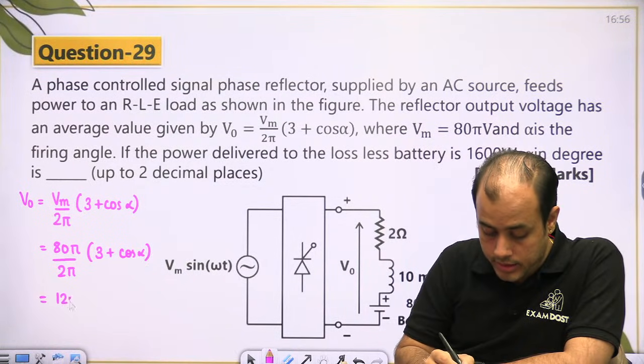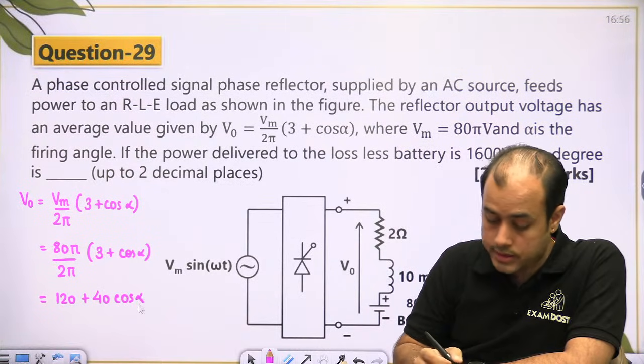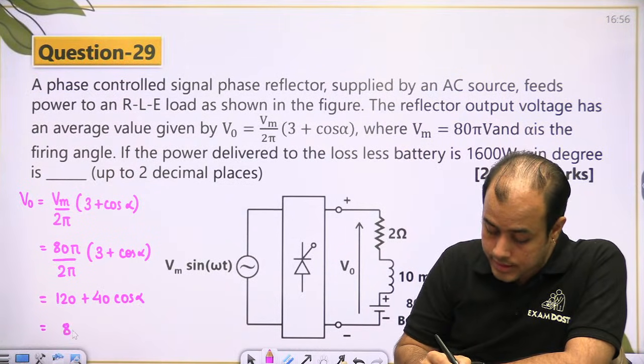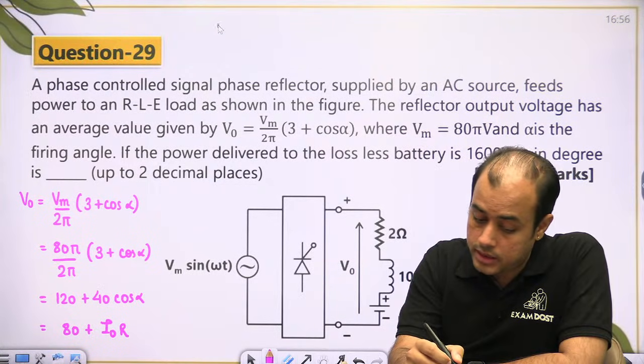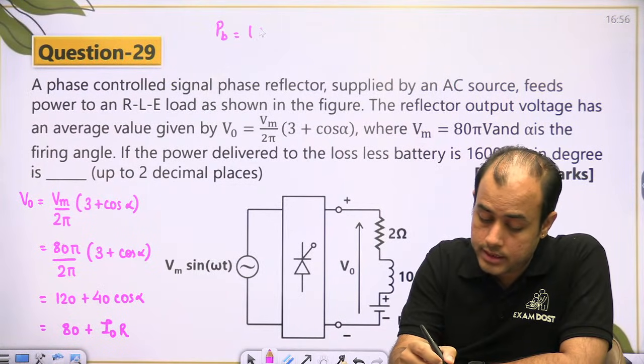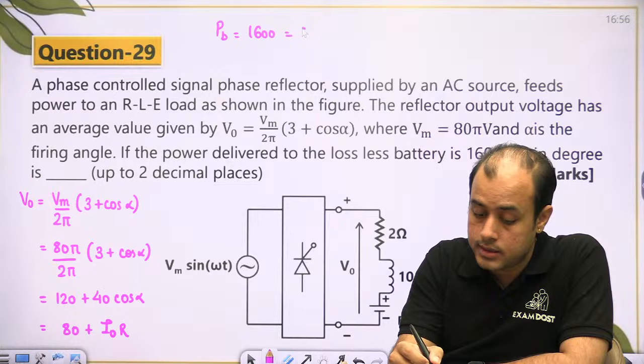So it is 120 plus 40 cos alpha, which is 80 volt plus I naught R. Now the battery power is 1600, which is battery voltage into I naught.